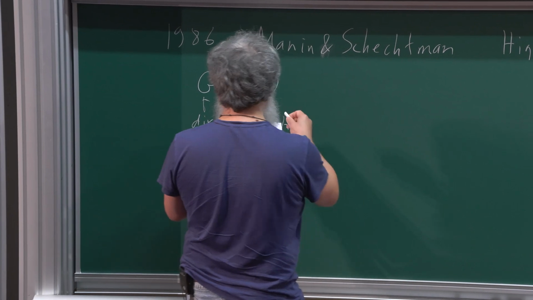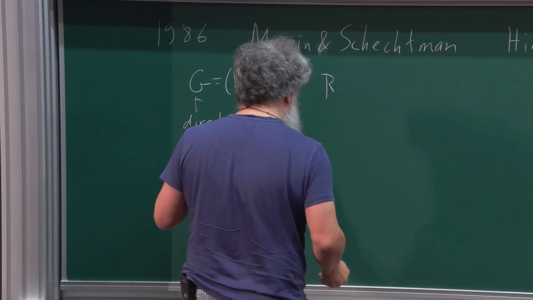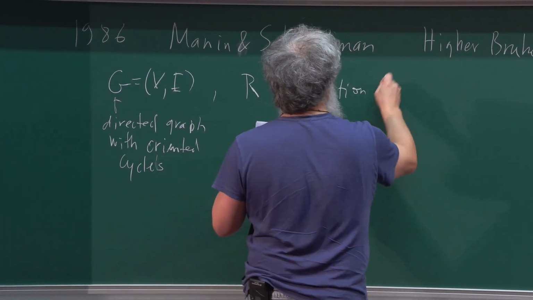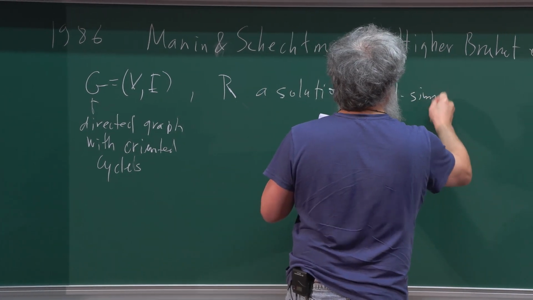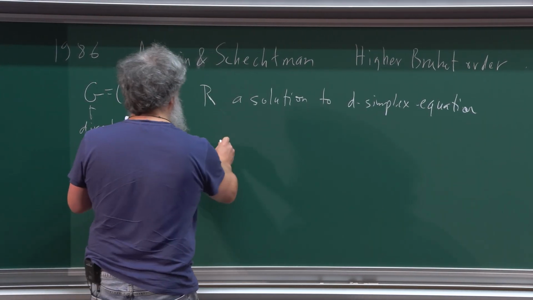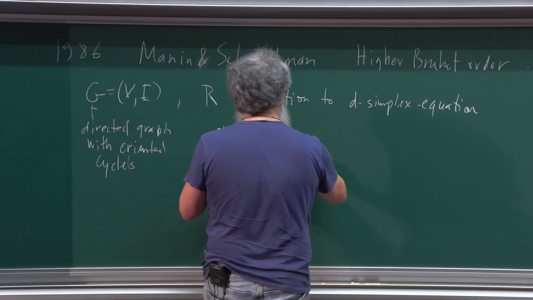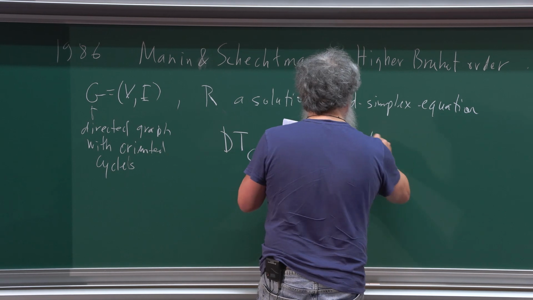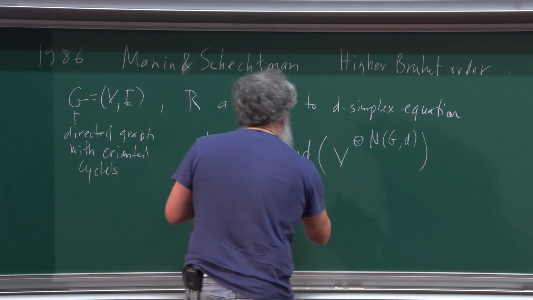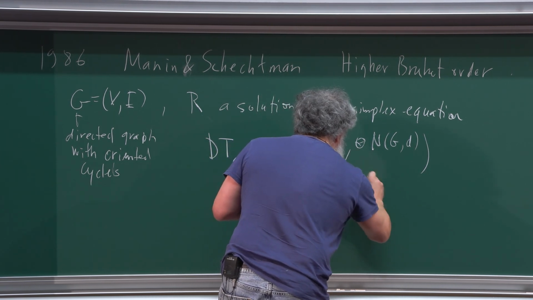By such data we take a solution R to the d-simplex equation, and by this data we construct an element of endomorphisms of V to the tensor power of some number n which depends on the graph and d, or a map in the set-theoretical case.